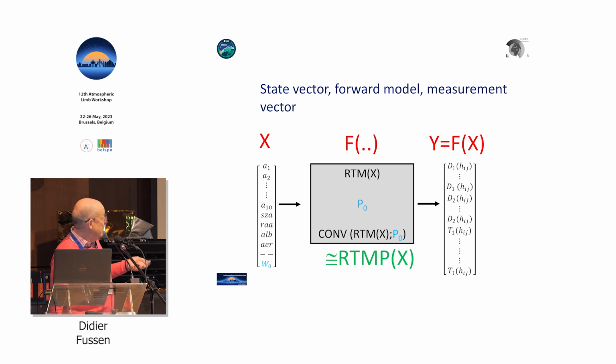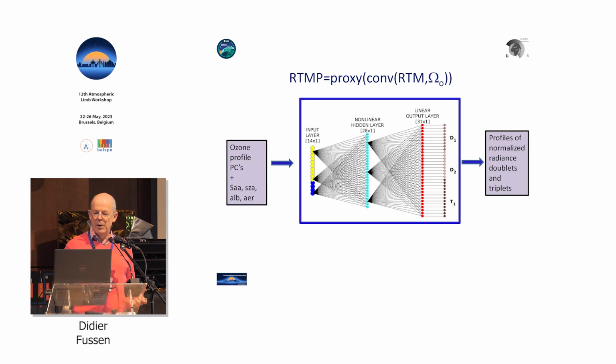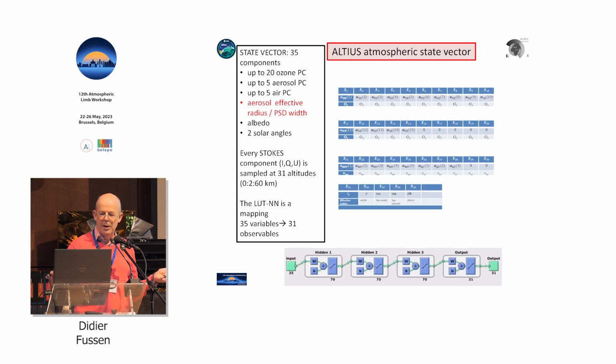Then the problem in general is to match the coefficients of the principal components, including geometrical parameters, sun angles, and also some information about albedo and aerosol, and to produce these doublets and triplets with the forward model. And this is why we have this lookup table approach.